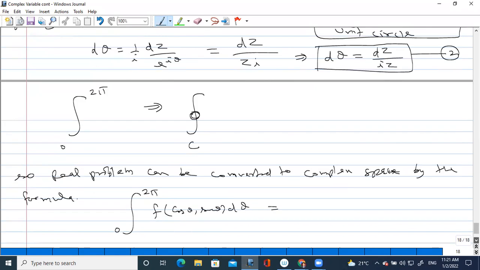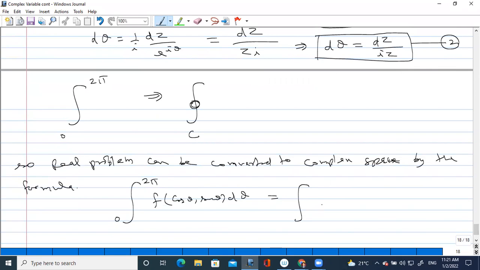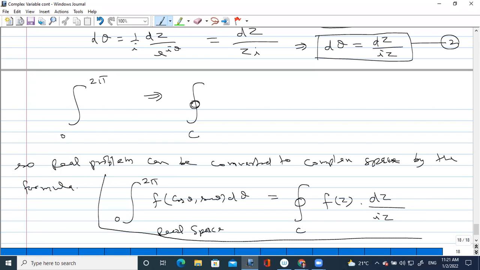Now I will convert this problem into complex form. This is the real form, real space, and here I am using complex space. So this integral I will convert to closed integral, and my function will become fz. In place of f cos theta sin theta, it will become fz, and d theta will be written as dz upon iz. So this will be our actual formula for conversion.